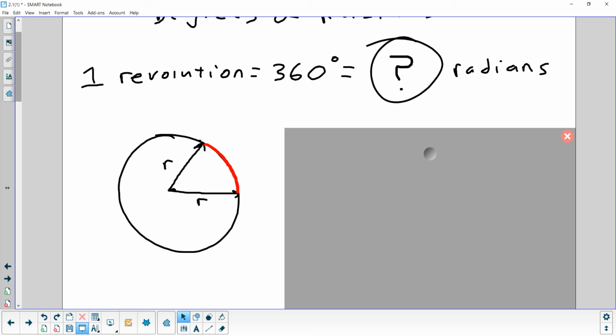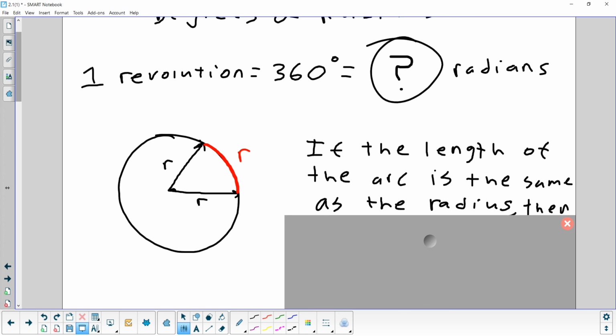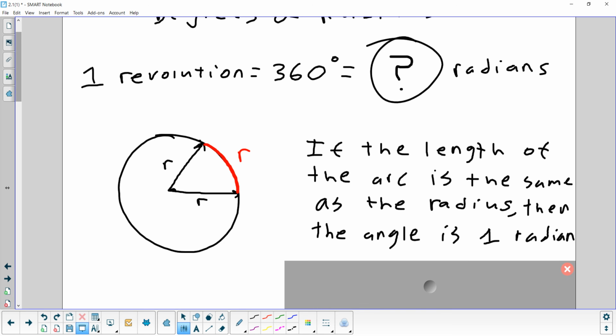Now, if you make that angle exactly the right size so that the length of the arc in red is exactly the same as the length of the radius. Okay? It doesn't have to be. But if you make it so that that arc is exactly the same length as the radius in black, then what you've just drawn is a picture of 1 radian.